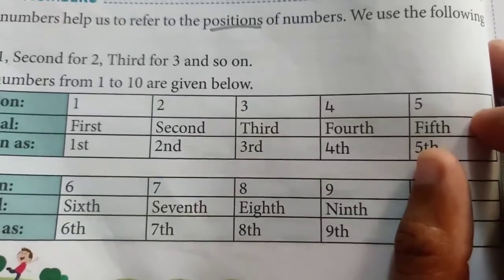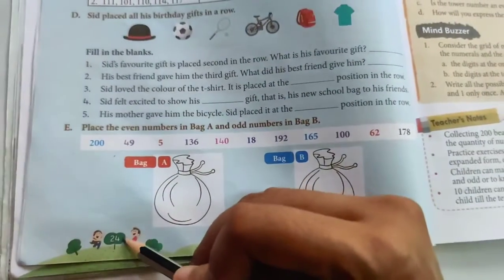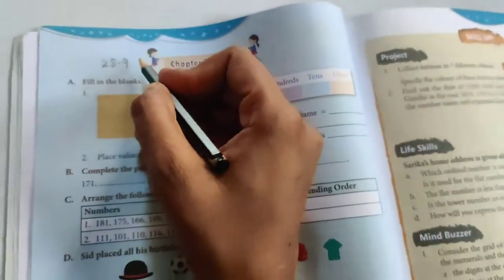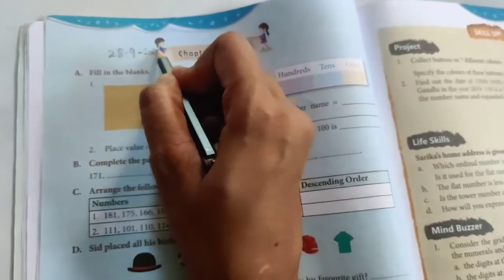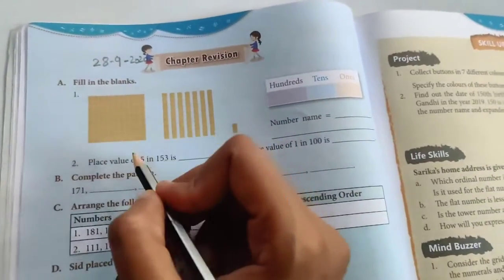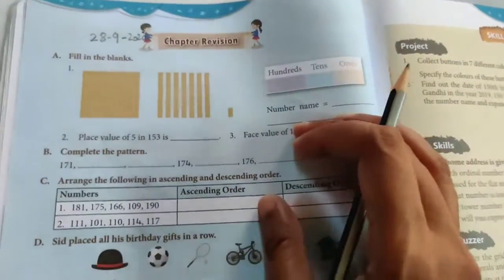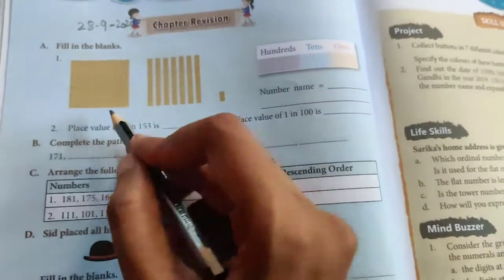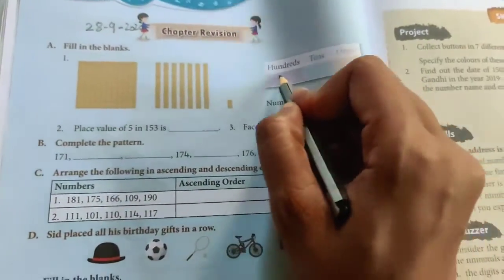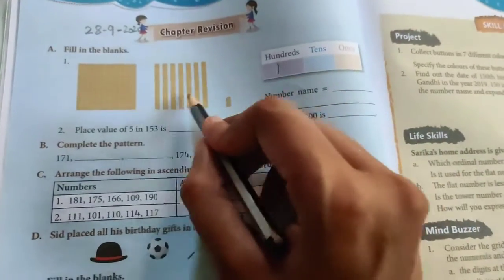Okay, so open your page number. So this is your page number 24. Okay, so first of all we will write today's date, 28th September 2020. Right now you have to start doing the questions given here. Okay, see the first question. This is a block of 100. So how many 100 blocks? 1. This is blocks of tens.